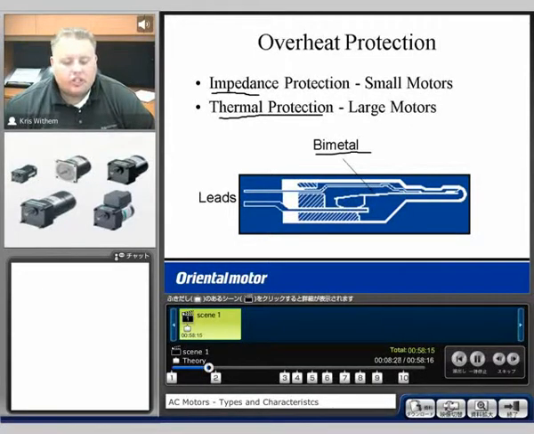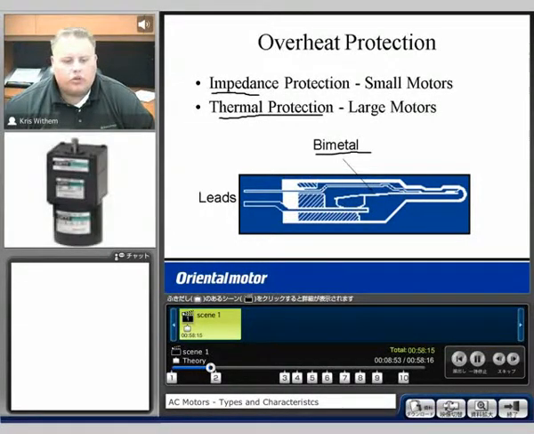The two metals have different expansion coefficients, and when the temperature reaches a certain point, like 130 degrees C, the metal separates and creates an open circuit, so it shuts the motor off. So this is a normally closed circuit. When the heat gets too high, it will separate and shut the motor off. Once again, when the heat is dissipated, the motor will resume its original operation.